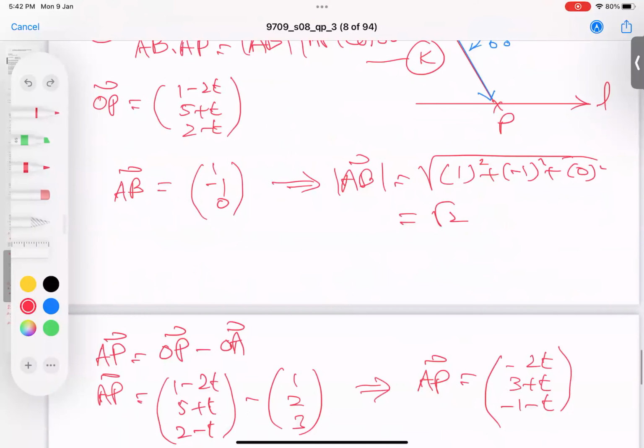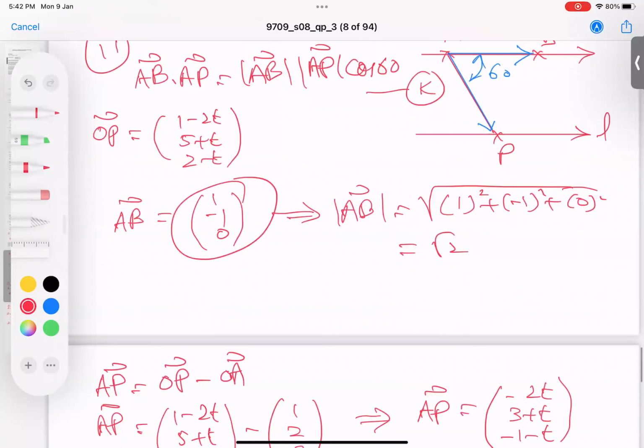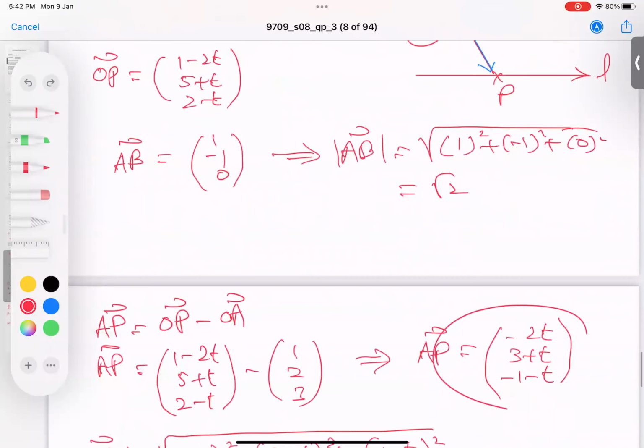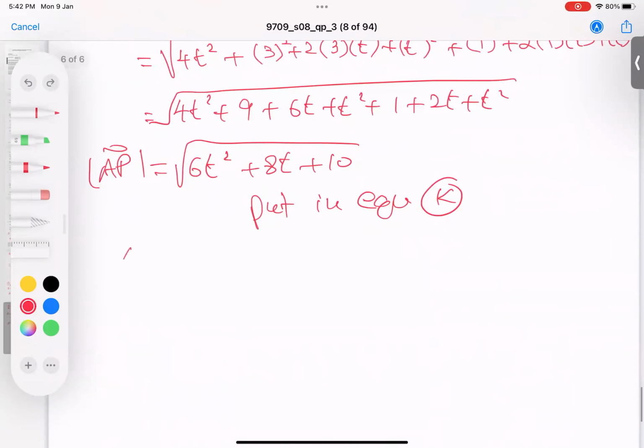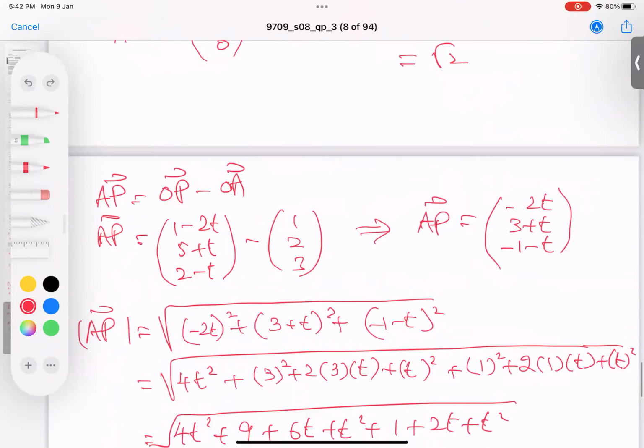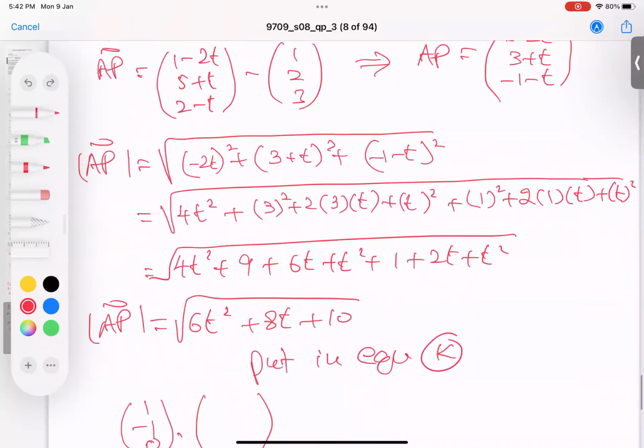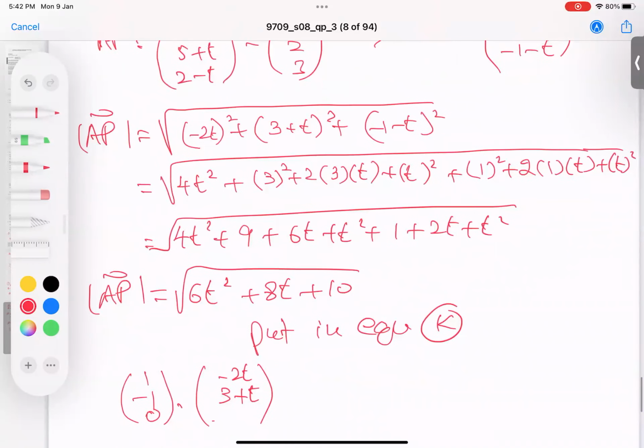And AB, for your knowledge, is this one. And where is AP? AP is there. So these two vectors I will multiply with dot product. 1 minus 1, 0. 1 minus 1, 0. Dot product. And where is AP? This one. So negative 2t, 3 plus t, and minus 1 minus t equals to what we have.